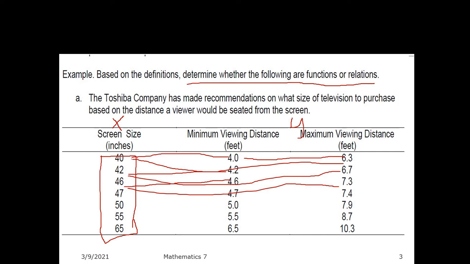So would it be a function or a relation? Our x is being repeated several times. So this is a relation because our x value, or our input, is being repeated.